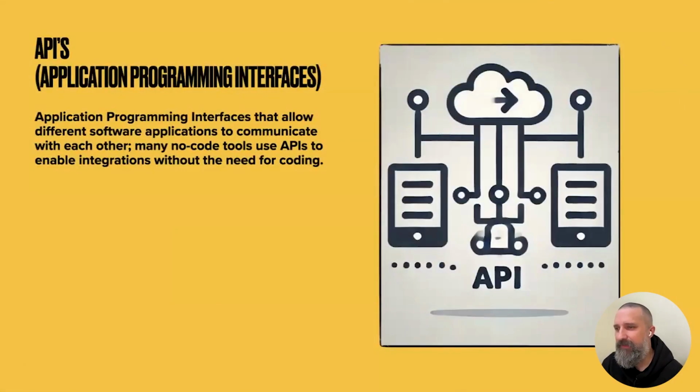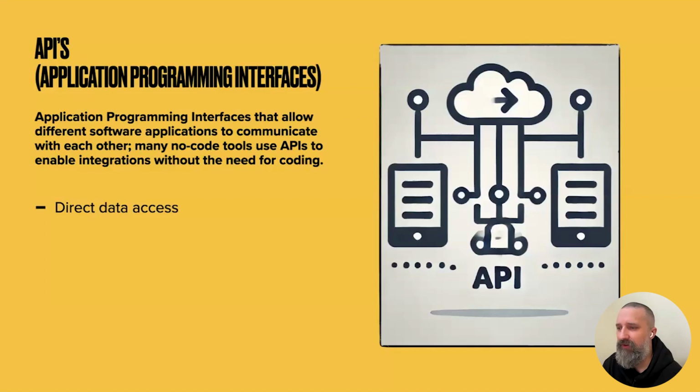APIs, application programming interfaces. An application programming interface allows different software applications to communicate with each other. And many no-code tools use APIs to enable integrations without the need for coding. If you're familiar with Zapier or Make.com or Integromat, as it used to be known, then you will already have participated in the use of APIs to transfer data, even if you perhaps weren't aware of that fact.